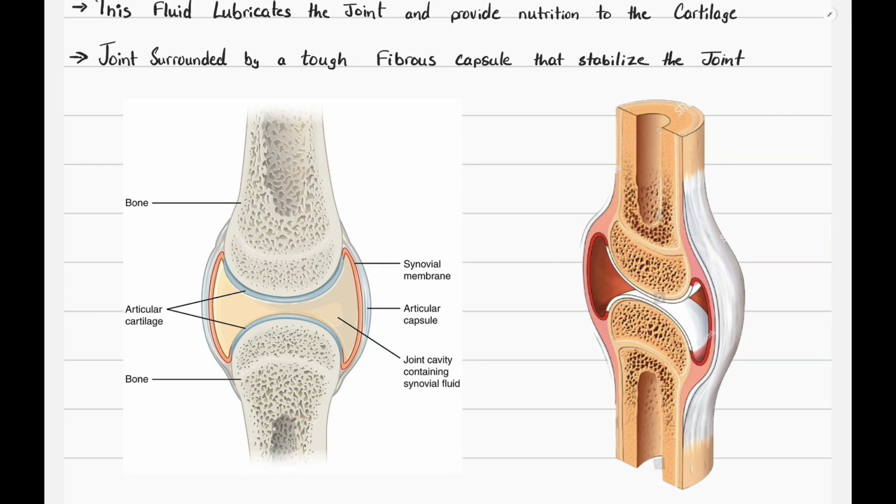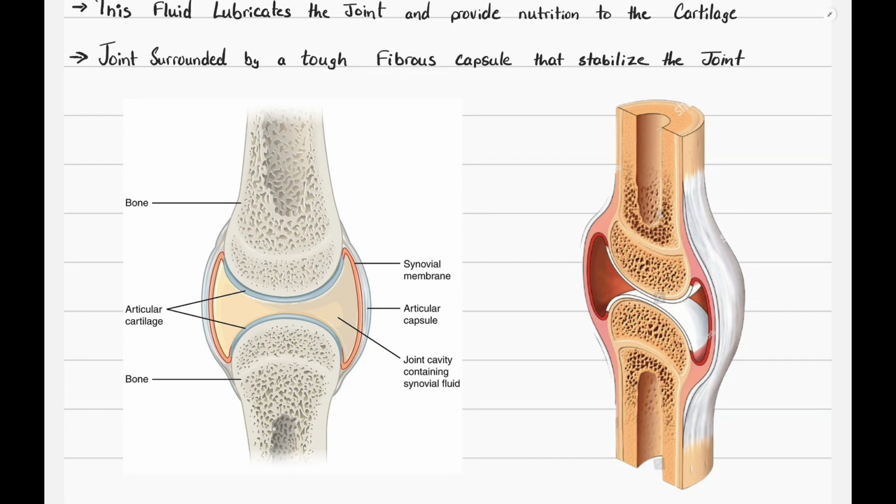And where the bones meet, their articular ends are covered with cartilage, and this cartilage is known as articular cartilage. Right here you can see on top of the bone sits the articular cartilage, which is necessary to reduce the wear and tear of bone.